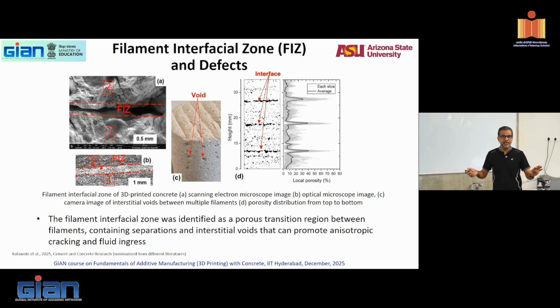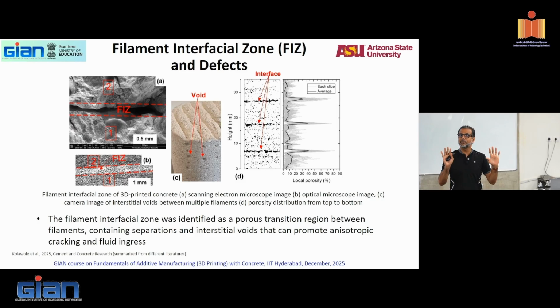So we understand that. Now, if you cut a piece of reasonably well printed concrete vertically and look at it, if you have done the work decently, you will not be able to distinguish it at all. Okay? So this is an exaggerated picture from a microscopic point of view.